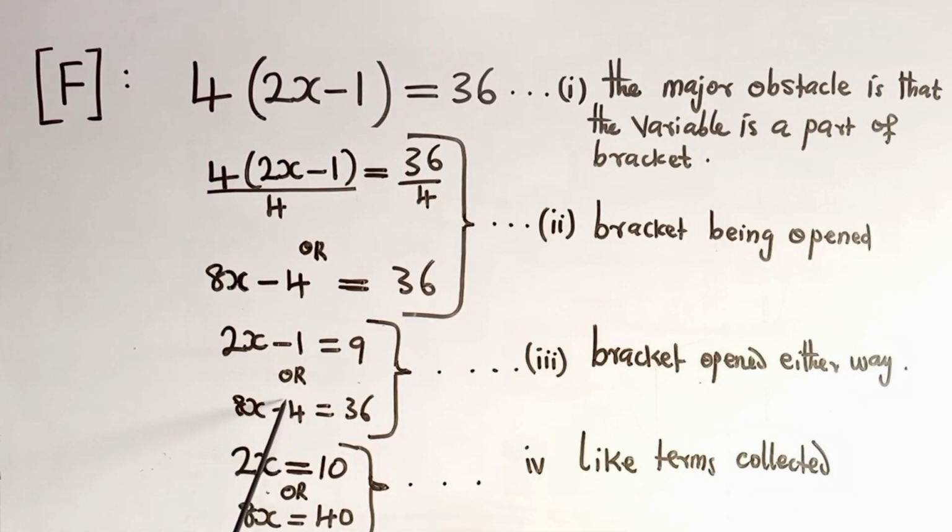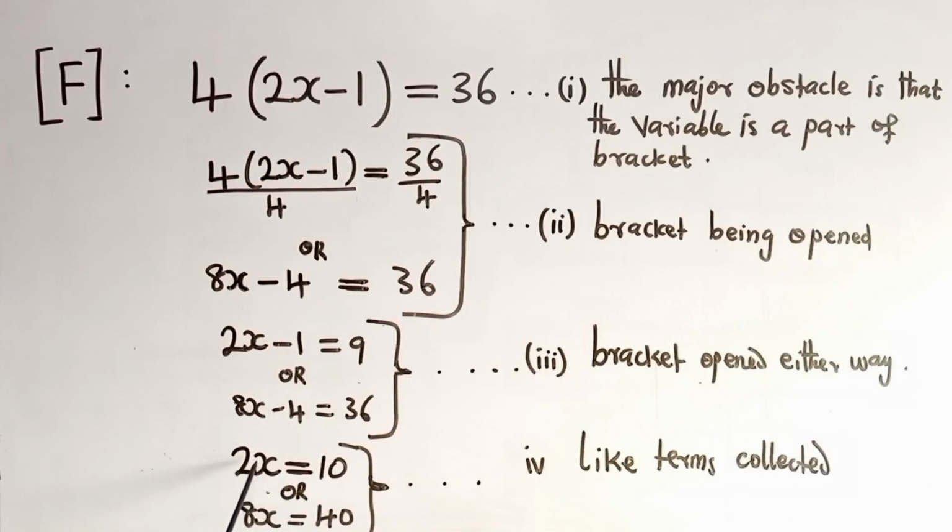This minus 4 had to cross this equality sign to be collected with this 36 here. 36 plus 4, because this minus 4 now turns to plus 4 when it crosses here. Don't forget what we learned a short while ago. The easiest alternative method of collecting like terms is transfer and change of sign. Don't forget that. That is what I applied here. So 36 plus 4 is equal to 40, giving rise to 8x is equal to 40.